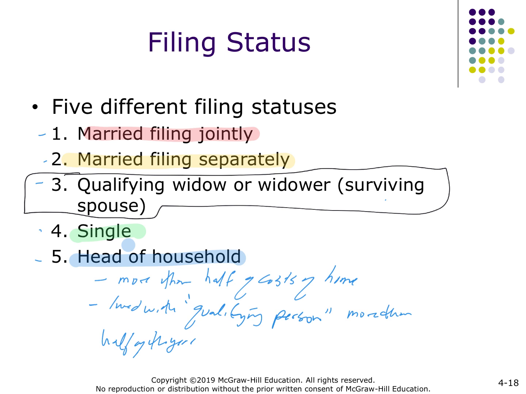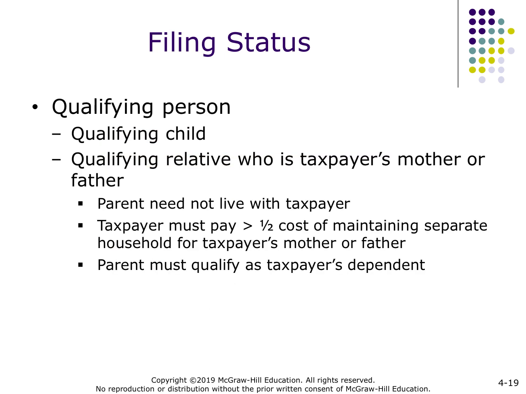Okay? Now, also, the surviving spouse must maintain a household for a dependent child, not a dependent relative, but a dependent child, okay, in order to be considered qualifying widow or widower or a surviving spouse.